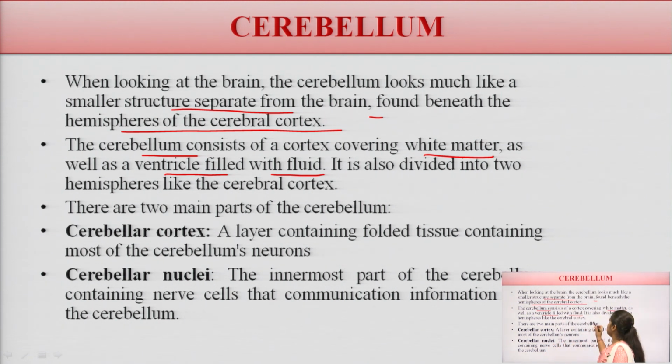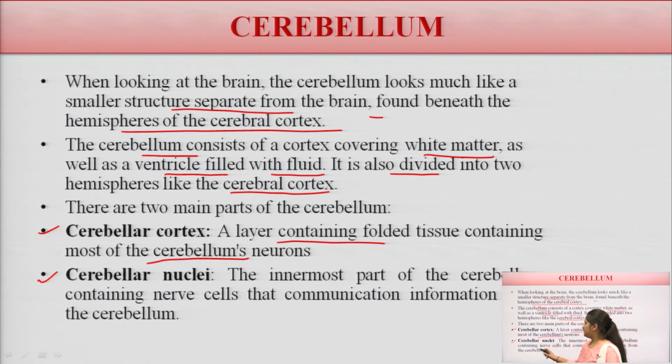Now, it is divided into two hemispheres just like the cerebral cortex, and these are the two main parts of the cerebellum, that is the cerebellar cortex and the cerebellar nuclei. The cerebellar cortex is a layer of tissue containing most of the cerebellum's neurons. And what are the cerebellar nuclei?